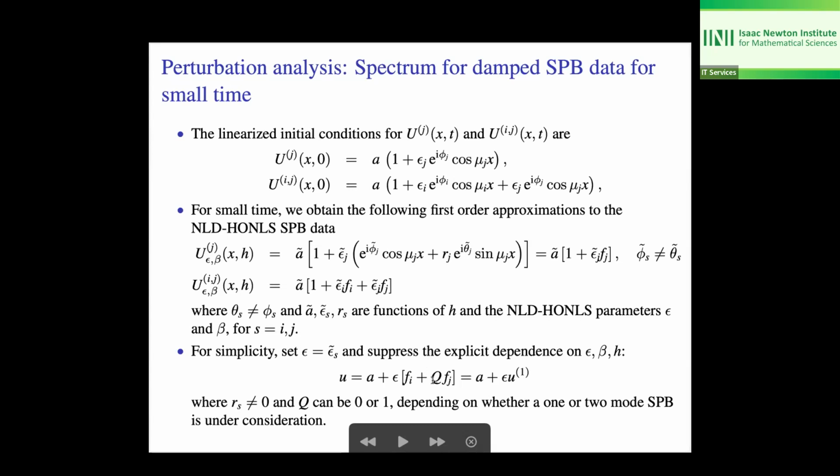where the U1 is of the form F sub I plus Q F sub J, and Q can be either 0 or 1, depending upon whether you're looking at a 1 or 2 mode SPB.